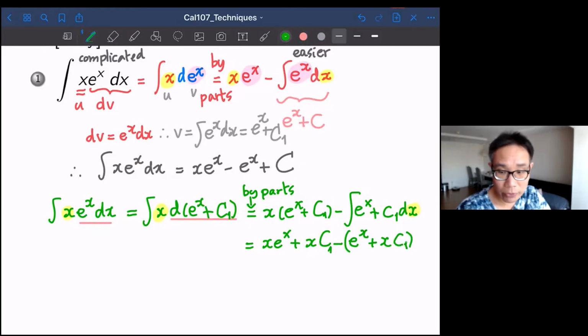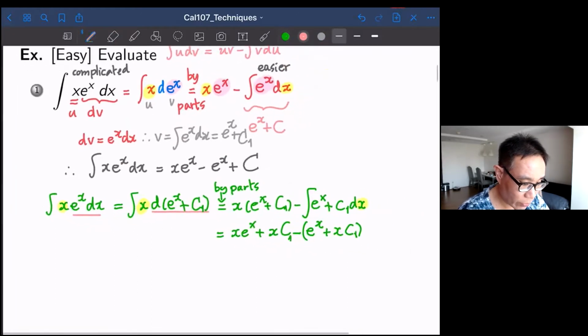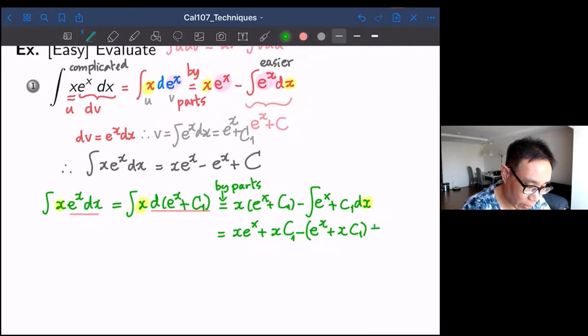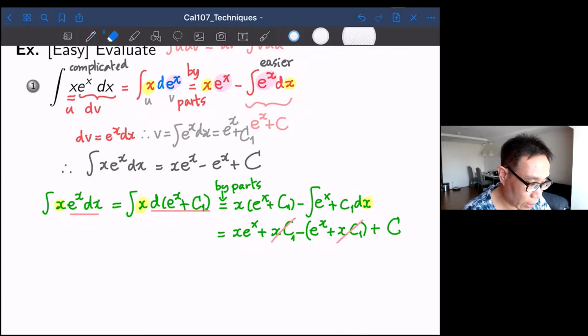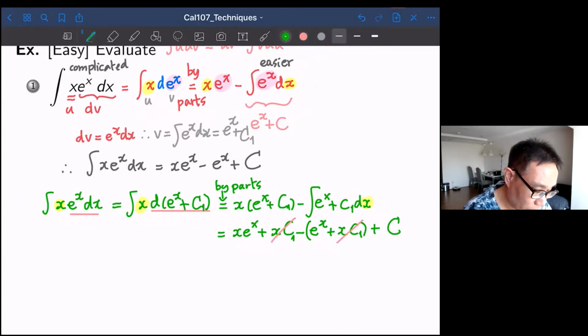So it's going to be my c1, and you plus the same c here, so you're going to plus c. You'll be able to get rid of these two terms because they have opposite signs, and you see that the final answer turned out to be x e to the x minus e to the x plus c.